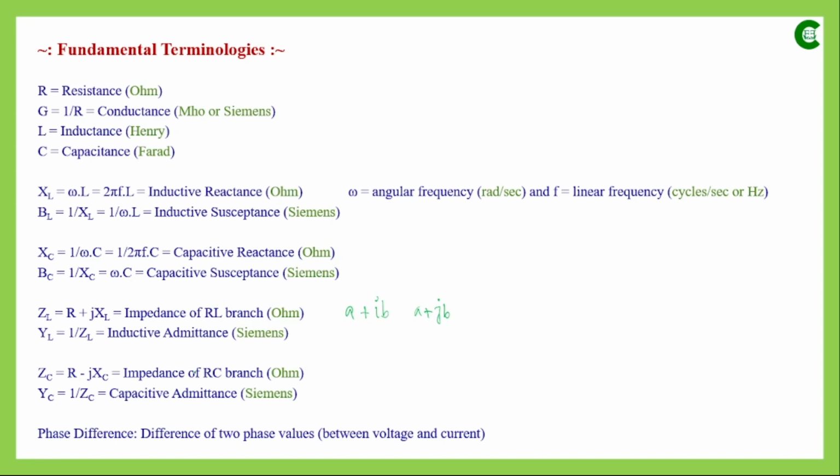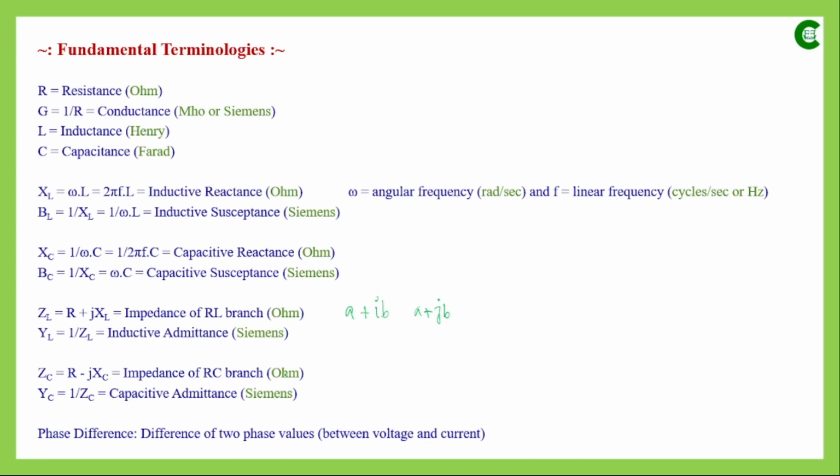And in case of capacitive circuit, means if it is an RC branch, then the impedance is represented by capital Z suffix C, and it is R minus jXC. And here also the unit is the same, and that is ohm.